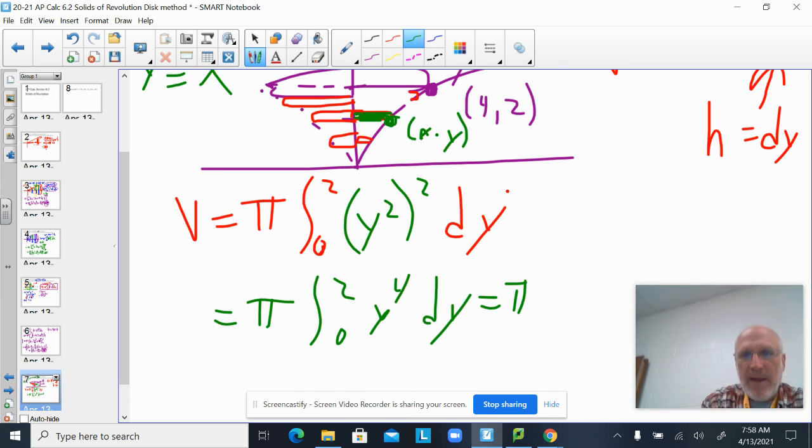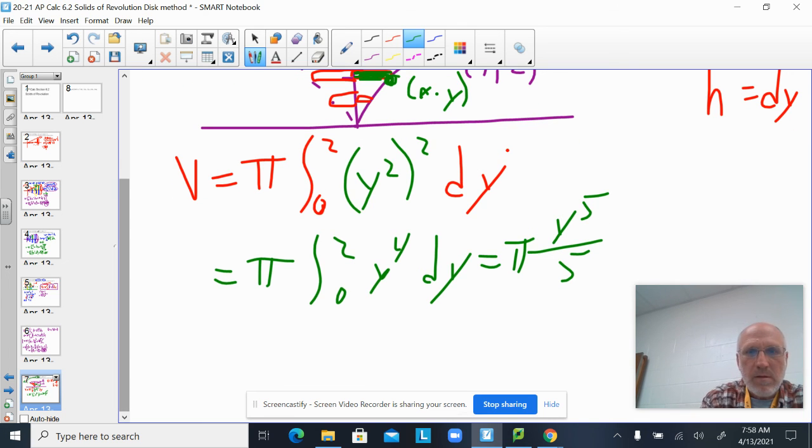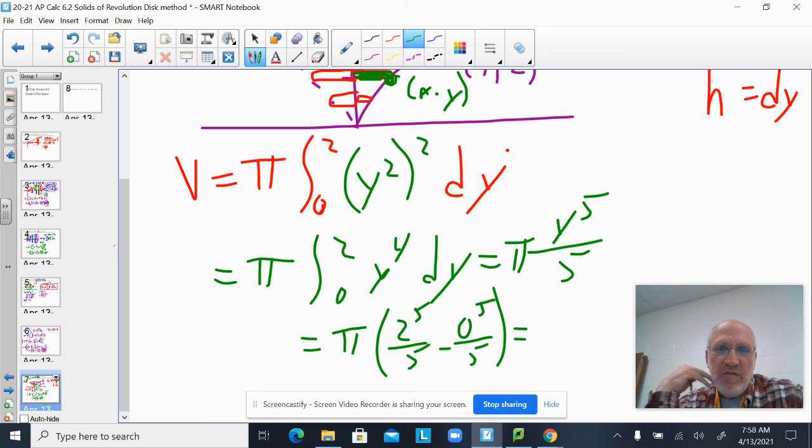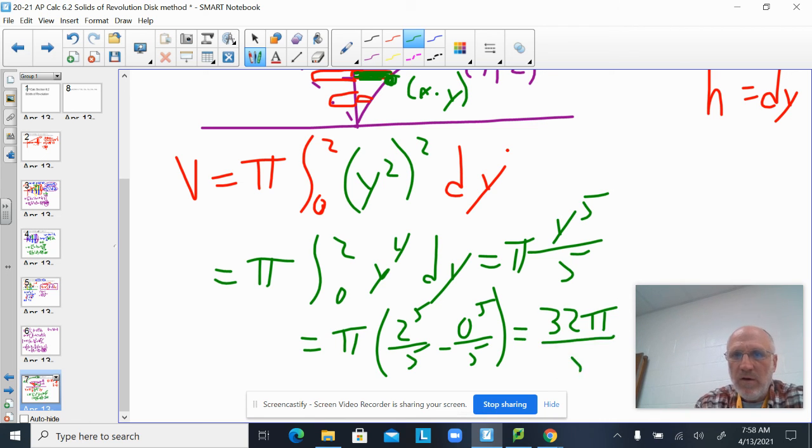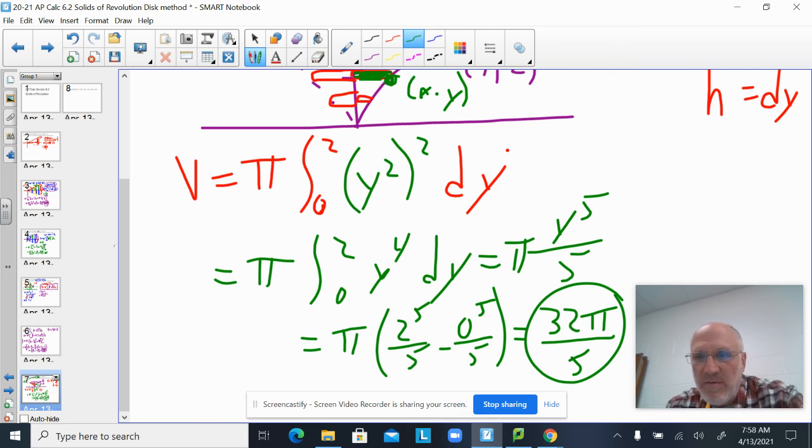And that's just pi times y to the 5th over 5, which is pi times 2 to the 5th over 5 minus 0 to the 5th over 5. And 2 to the 5th is 2, 4, 8, 16, 32. So I think it's 32 pi over 5 is the volume of that solid.